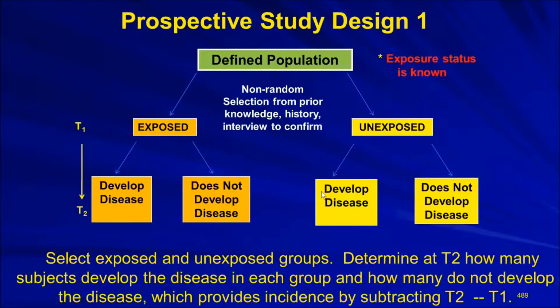And what's made designs like this sort of complicated is, in the beginning, we didn't know anything about secondary smoke. So we would take smokers and look at them, and we had all these people in the supposedly unexposed group becoming sick because they didn't smoke. Okay? So now we have tertiary smokers. And tertiary smokers are those who acquire lung cancer or heart disease.